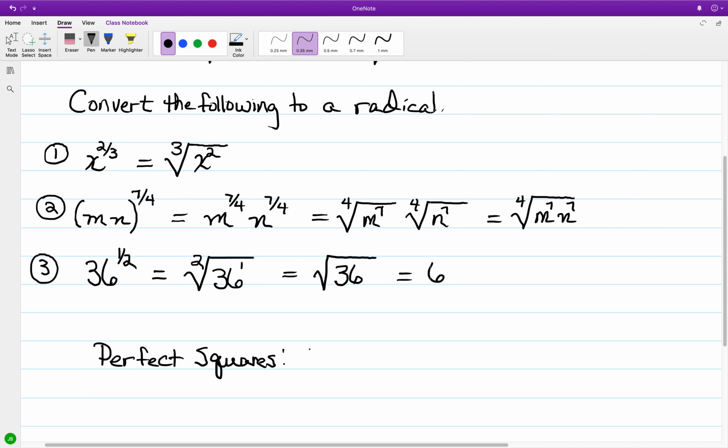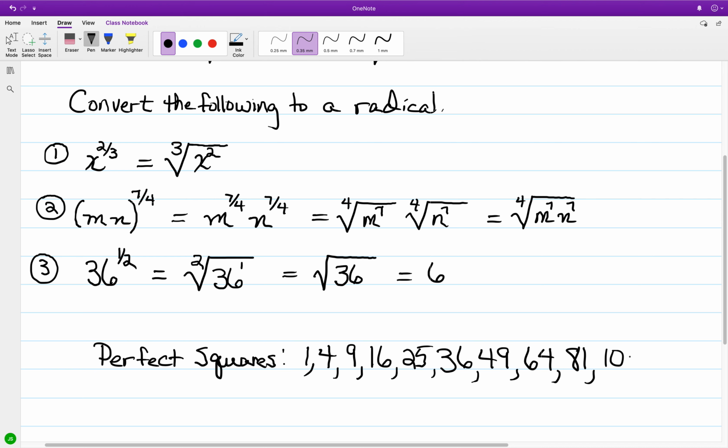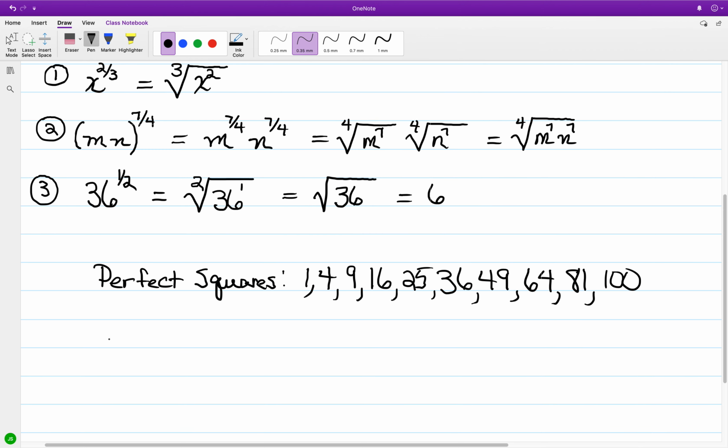Among the first natural number perfect squares, we have 1 times 1 is 1, 2 times 2 is 4, 3 squared is 9, 4 squared is 16, 5 squared is 25, and we'll just take the first 10 natural number perfect squares. 7 times 7 is 49, 8 times 8 is 64, 9 times 9 is 81, and 10 times 10 is 100. And let's say I'm looking at simplifying the following.